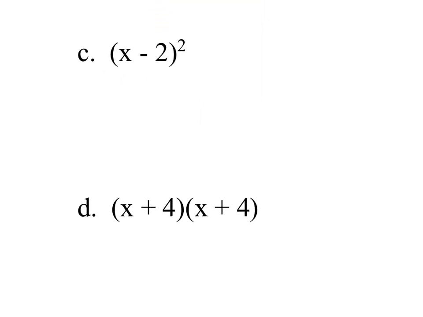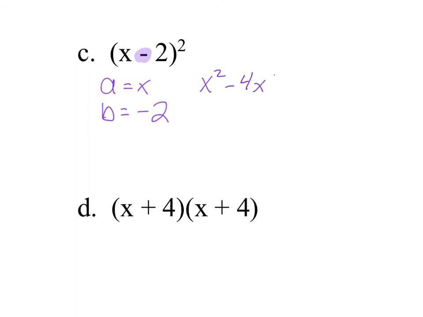Okay, so now using the formula, a is x, b is negative 2. I have a squared. I use the symbol in the middle, minus a times b times 2. So I have a negative 4. That gives me that minus 4x.